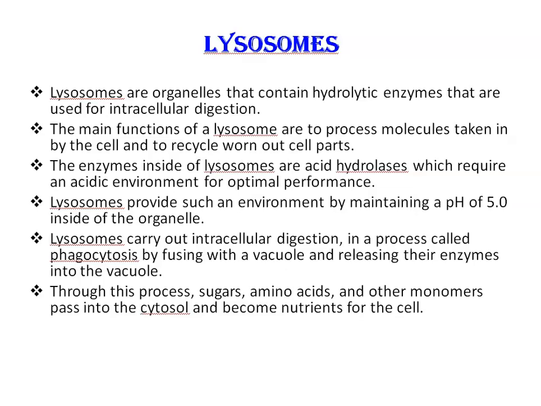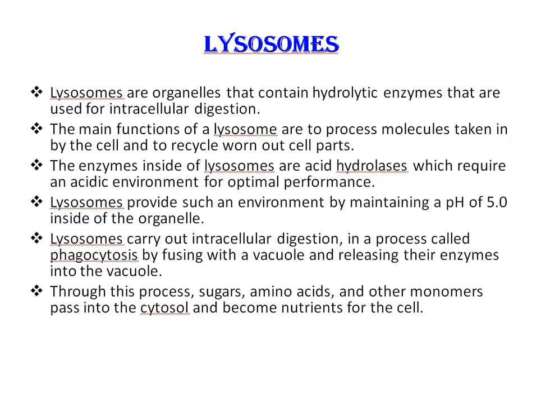If a lysosome were to rupture, the enzymes released would not be very active because of the cytosol's neutral pH. However, if numerous lysosomes leaked, the cell could be destroyed from autodigestion.